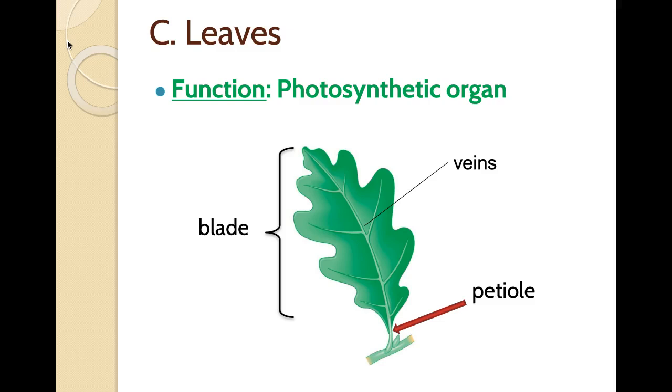So keeping it simple on this slide, one leaf is called the blade, and there are different vein systems that leaves can have. So please refer to page 576 to see the difference between a monocot and a dicot and what their vein systems look like.